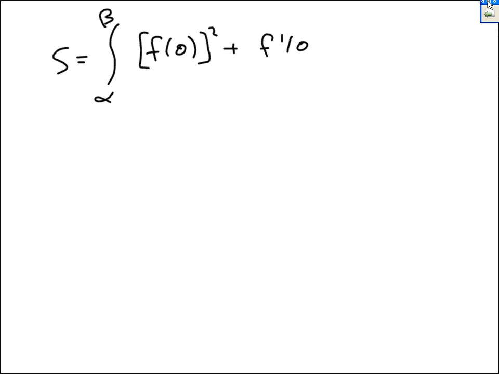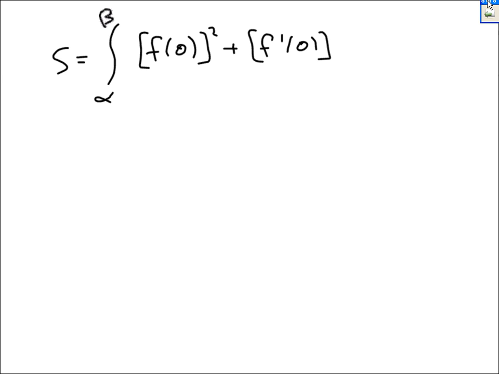Turns out that the arc length in polar coordinates, S, equals the integral from angle alpha to angle beta of the square root of f of theta squared plus f prime of theta squared, d theta.